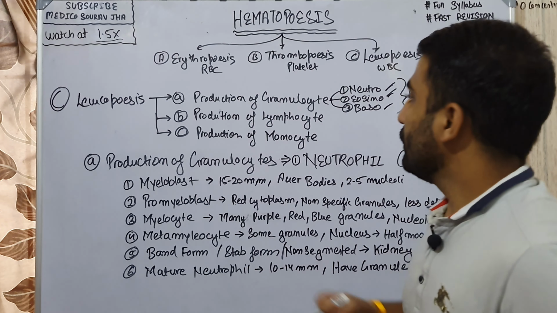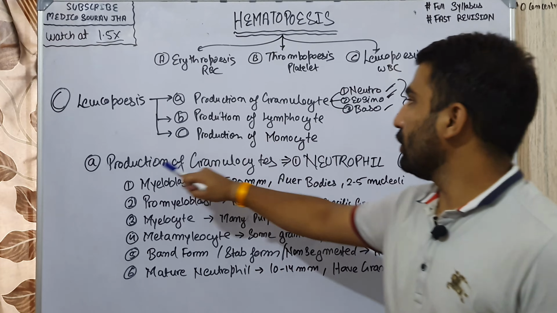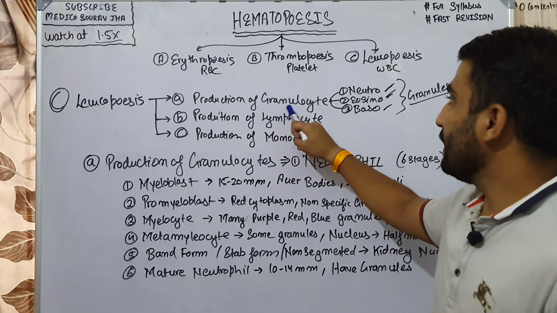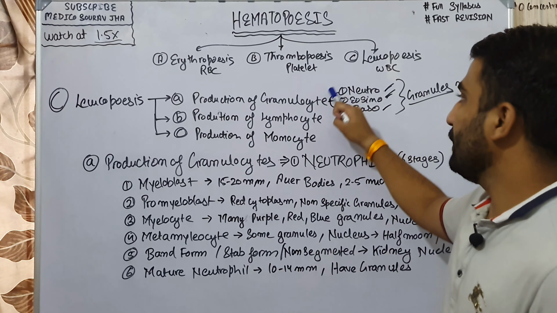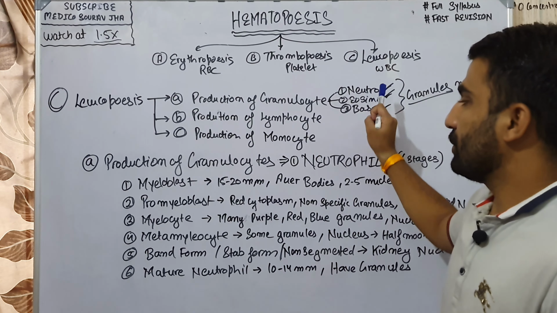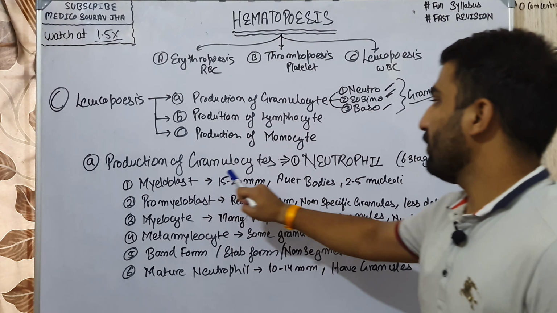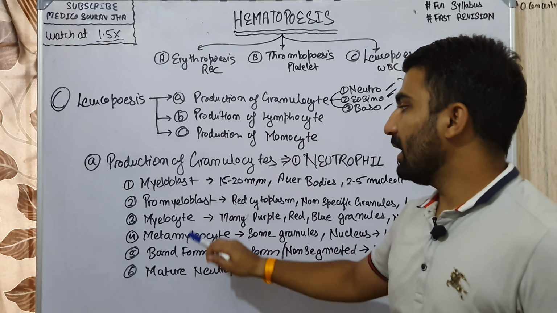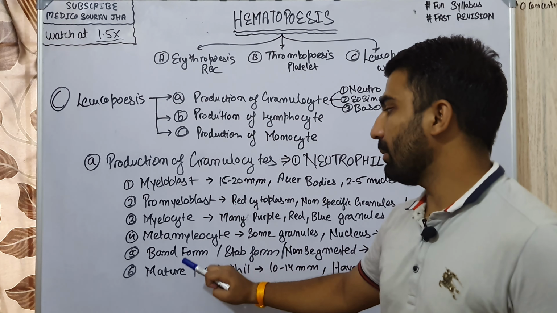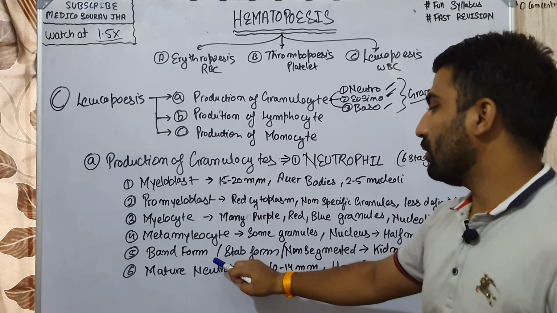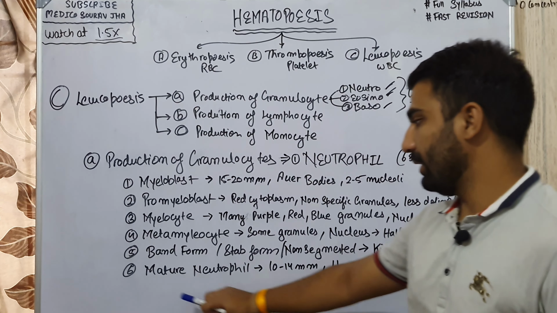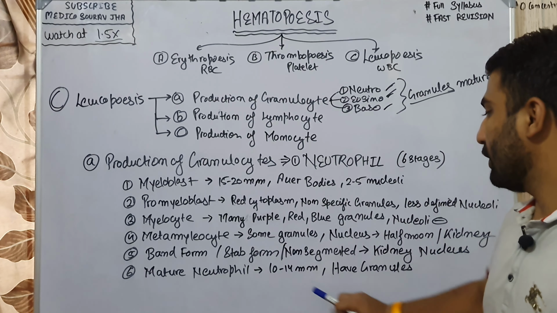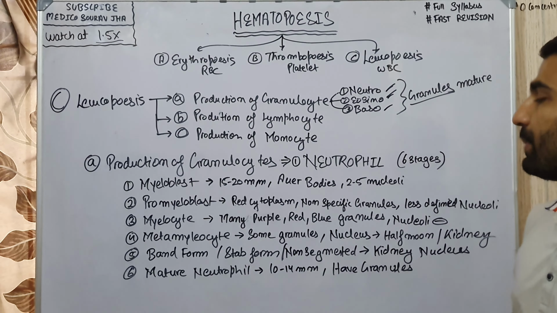Now we are going to talk about the production of granulocytes first. In the granulocytes we are specifically targeting neutrophil production in this slide. Production of neutrophils has 6 stages: myeloblast, promyelocyte, myelocyte, metamyelocyte, band form, also called stab form, non-segmented, and the 6th is mature neutrophil, 10 to 14 millimeter size with granules.